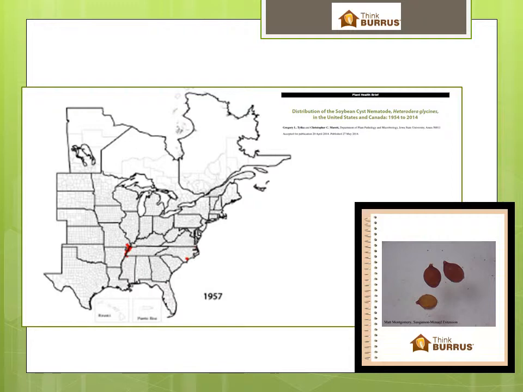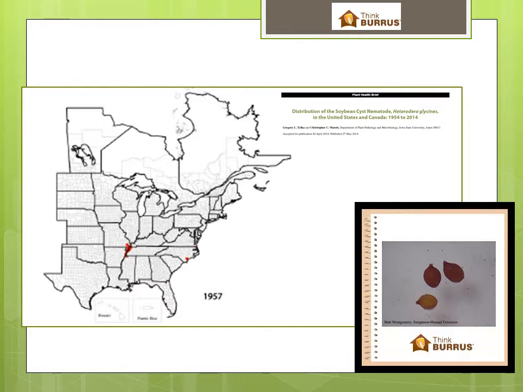We know that they came in accidentally as we prepped ground for the production of soybeans back in the 50s, and since that time, the movement of soil on implements is really what has moved soybean cyst nematode across the Midwest. Let's take a look at how it has moved around.